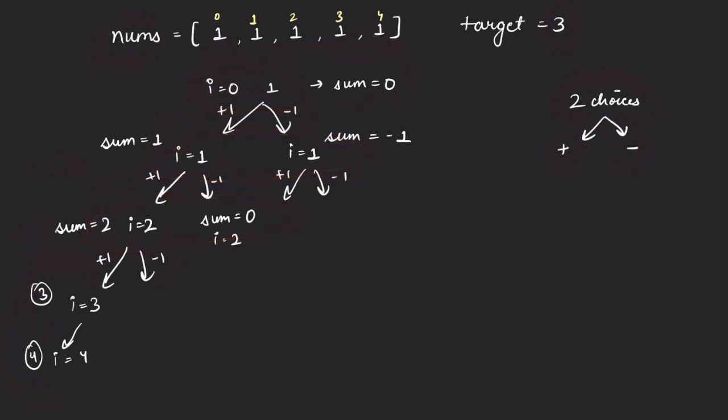Because there are n elements in the array, the depth of this tree will be n, equal to the number of elements in nums. So the total number of recursive calls will be 2 to the power n. Here the time complexity will be 2 to the power n and the space complexity will be n because there are n levels. So let's look at the code.